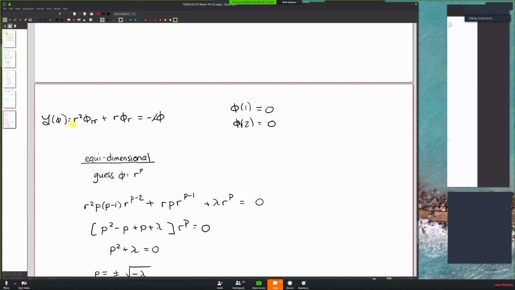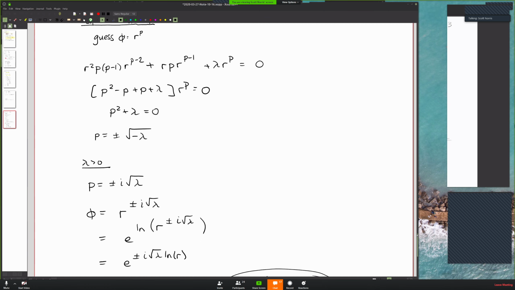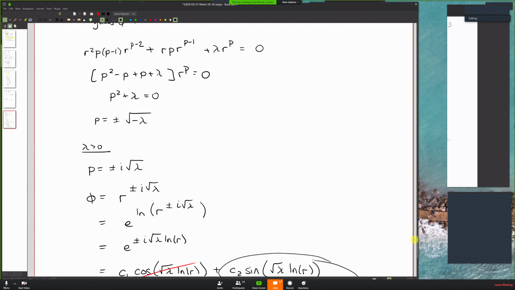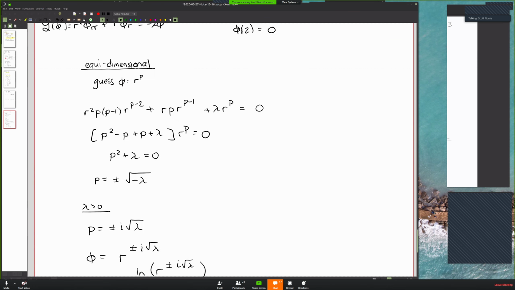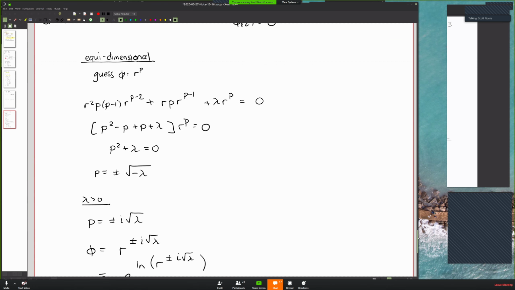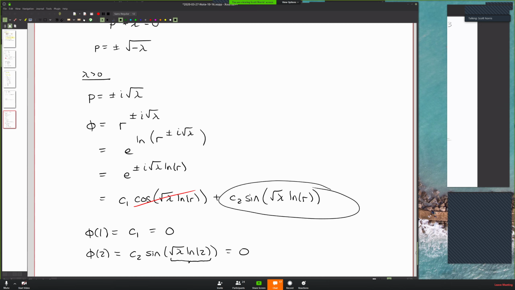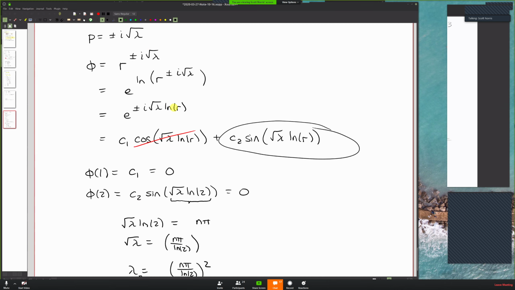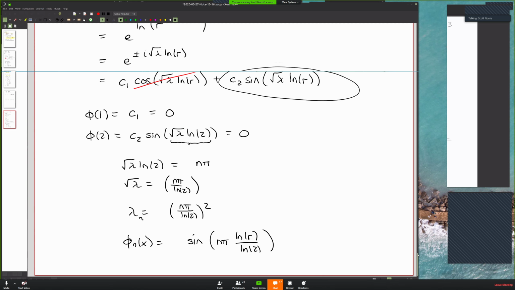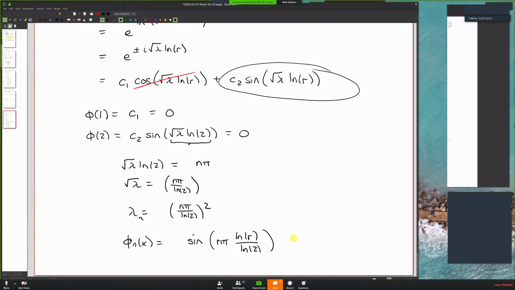I take the equation that I get, and it happens to be one of the two kinds that I can guess a solution to. It's the weirder one that's harder to remember, not as common, but nevertheless I can guess a solution. I go through all the algebra, I play a little trick here, I can turn that into sine and cosine of something involving a natural log, and then I can satisfy the boundary conditions just like I used to, and I end up with eigenvalues and eigenfunctions.